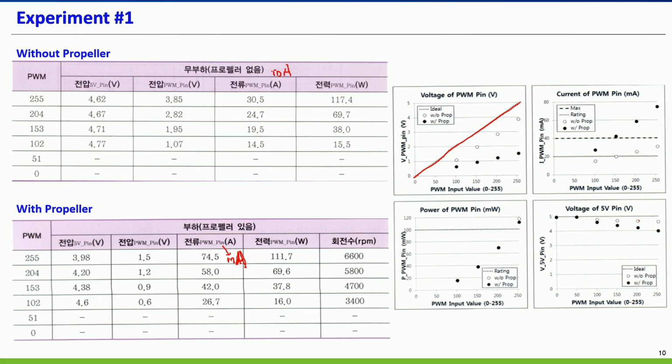It's ideally 5 volts. Anyway, there is the voltage drop from the ideal when you give the input to the DC motor. I think this graph is enough, so you understand properly.